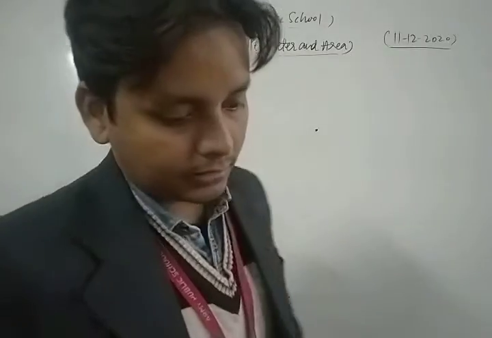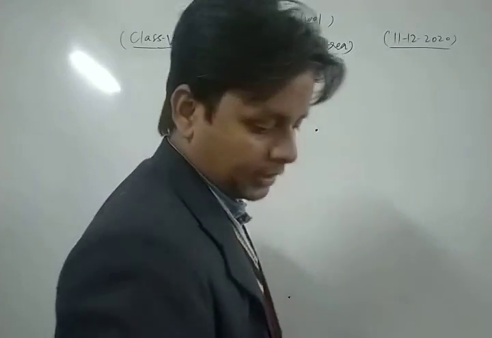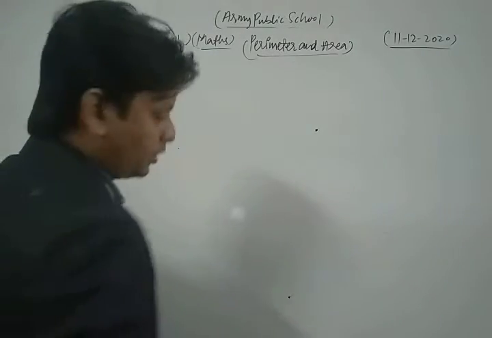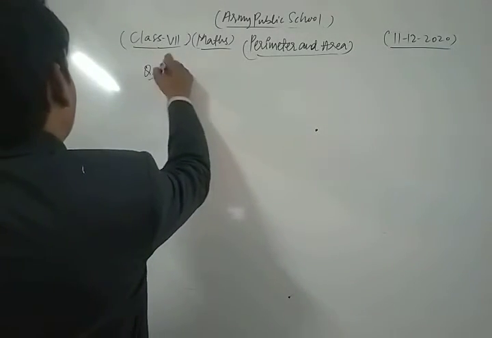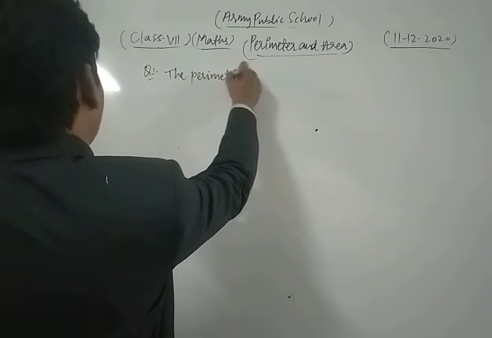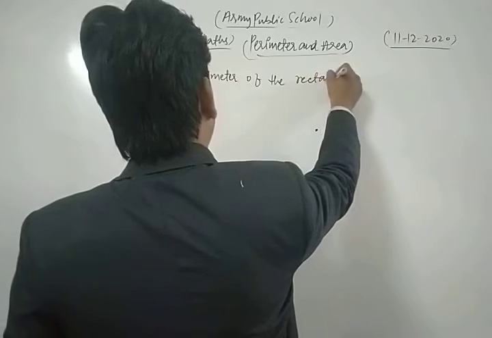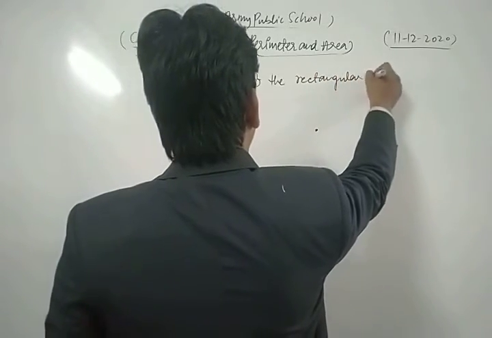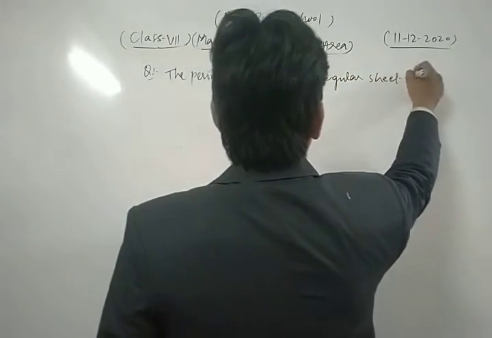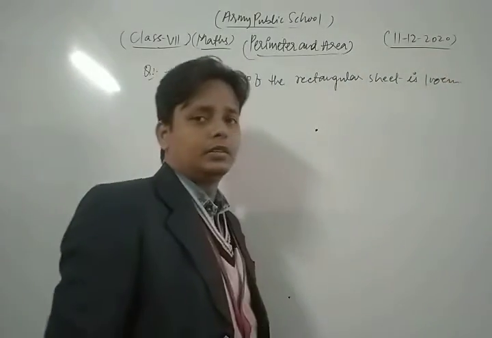Now we are going to discuss some questions based on the rectangle. The perimeter of a rectangular sheet is 100 centimeter.